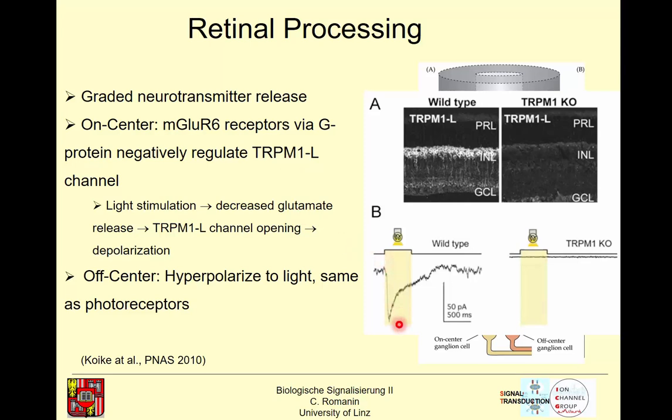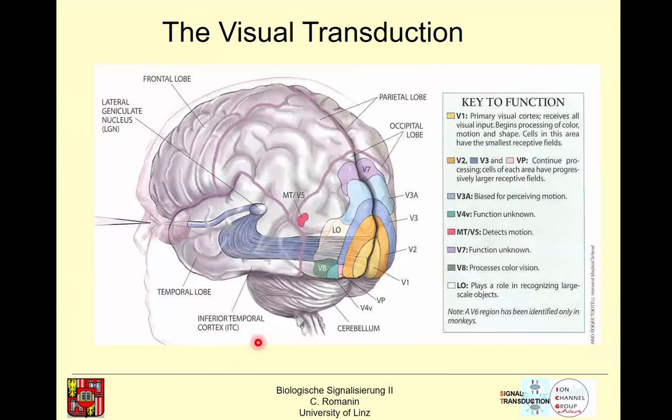So we can see an influx of sodium that leads to a depolarization in these on-center cells. However, in a knockout animal where these channels are completely missing, and you see it here in the staining, when light shines on the same type of cells, but that are missing the TRPM1 channel, you do not see any opening of currents, you do not see any depolarizing influx of sodium. So that was a further proof that this channel is so important for the difference between off and on type receptor cells. So the rest gets extremely complicated.